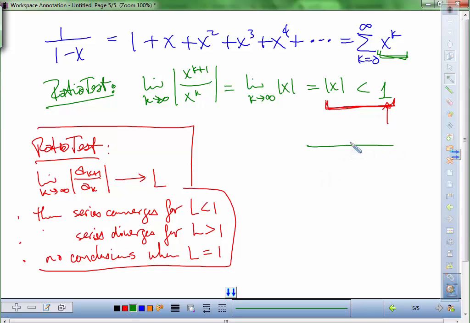So around 0, we're guaranteed that this is going to converge between -1 and 1. Now, technically, we should try to figure out what happens at the endpoints. But let me tell you now that for this one, it's going to diverge at the endpoint, so let's not worry about that.